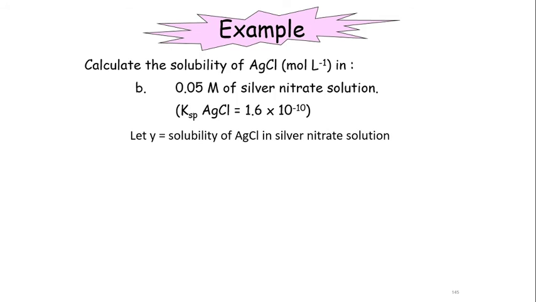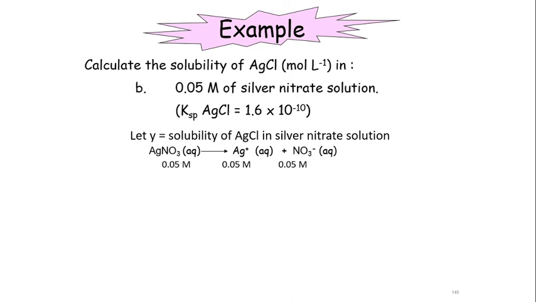As usual, we write the dissociation equation for AgNO3 to know how much Ag+ is added. So, from the dissociation equation, we have 0.05 molar silver nitrate. This means that we have 0.05 molar Ag+.